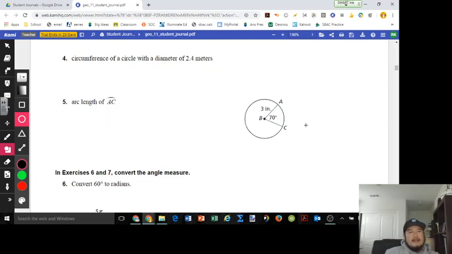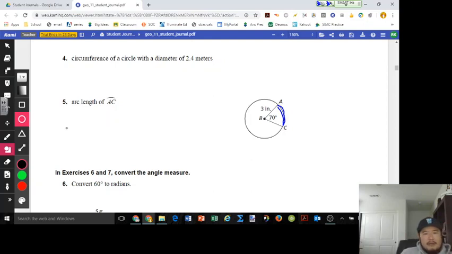They want us to find the arc length of AC. All right, so we are trying to figure out, well, what is the length of A to C? So that's where we use our equation.